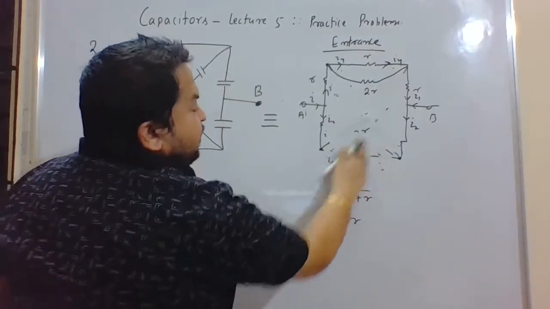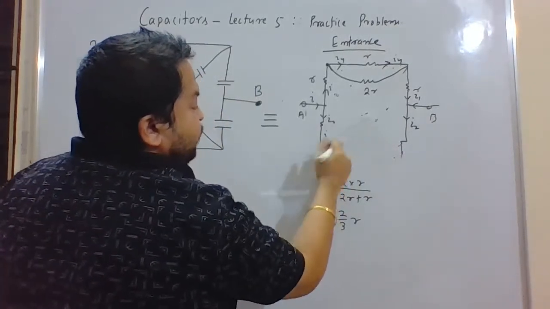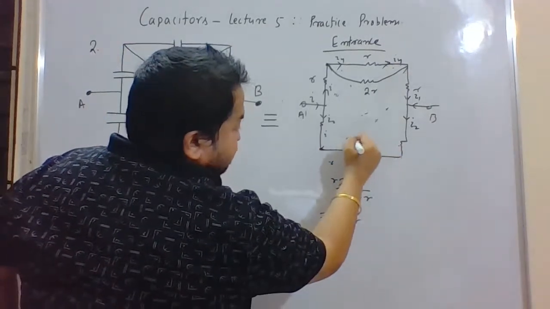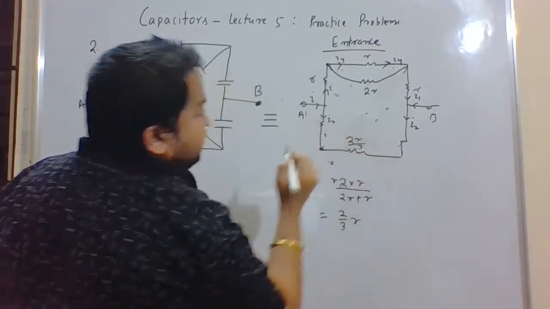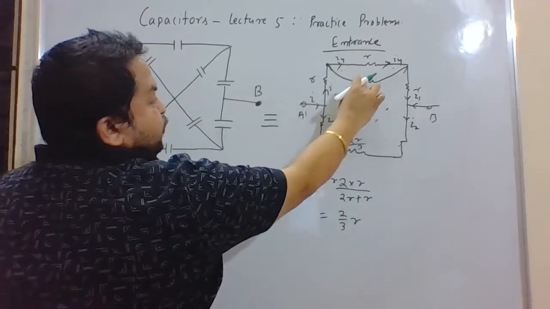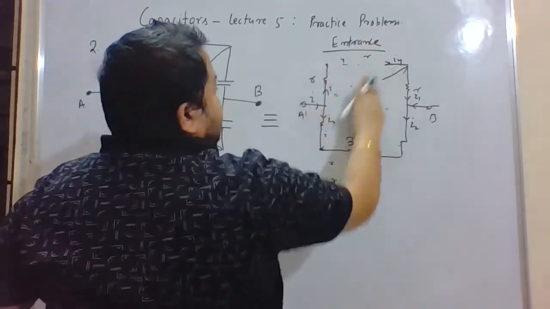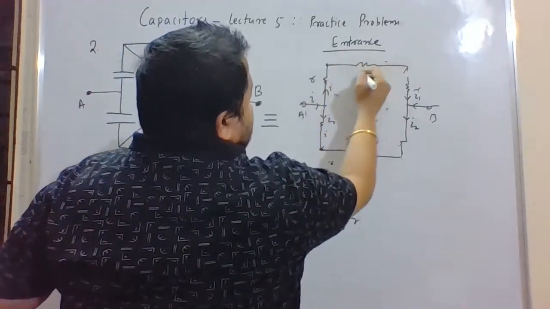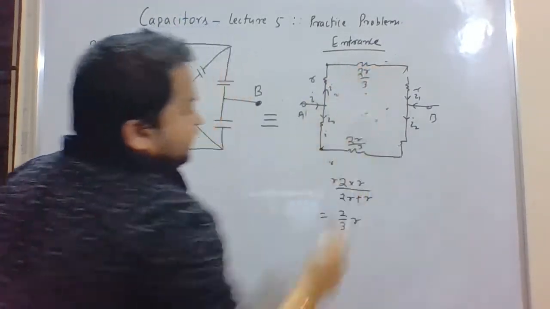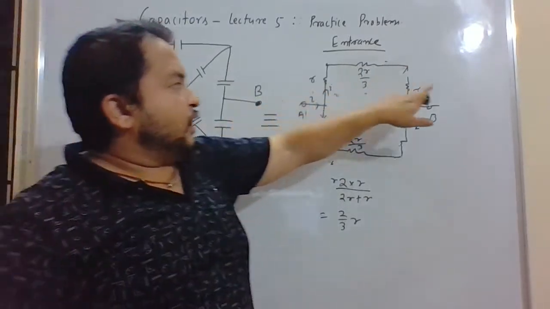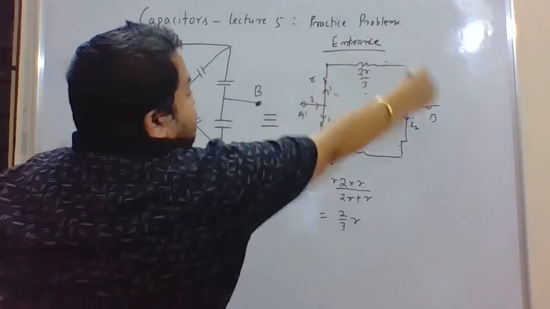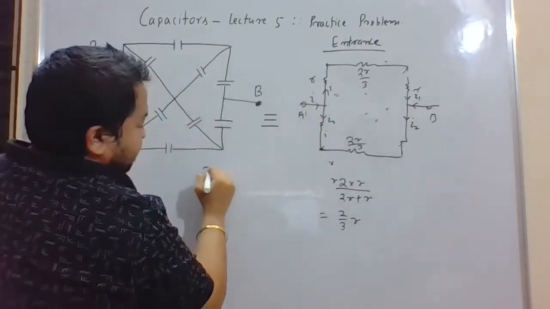So I can remove all these and I'll put simply 2R by 3 here. Similarly, here also 2R and R are parallel. So I can remove all these and I can put one 2R by 3 here. Now, R, 2R by 3, all are in series. So what will be the equivalent resistance of these three?